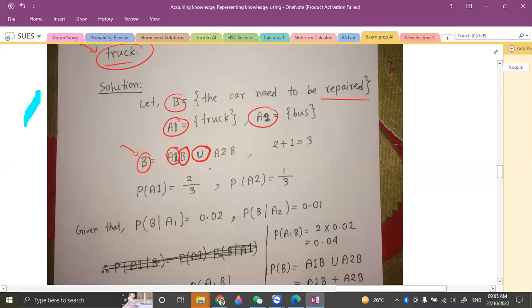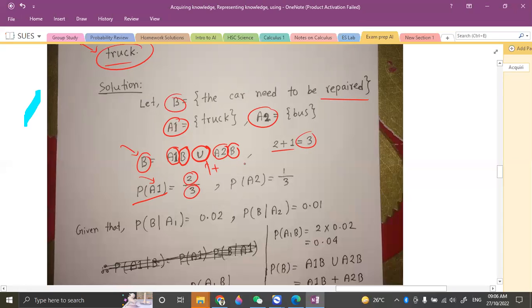Then union means plus, and then A2 means this is a bus, and times this needs repair. So 2 plus 1 we have 3, so probability of A1. If this is a probability that this is a truck, so we have 2 out of 3. 2 out of 3 is truck, right? So P of A1 is 2 by 3.